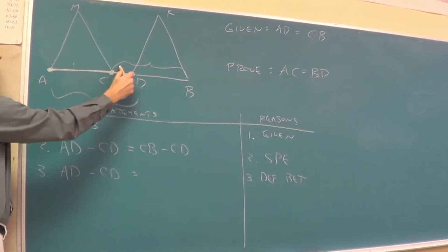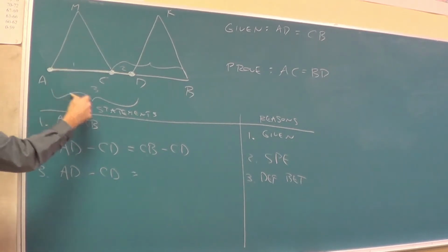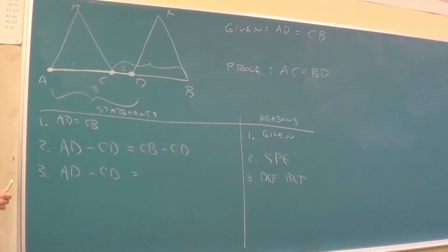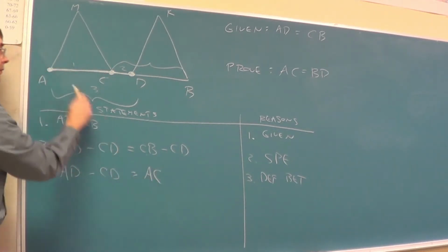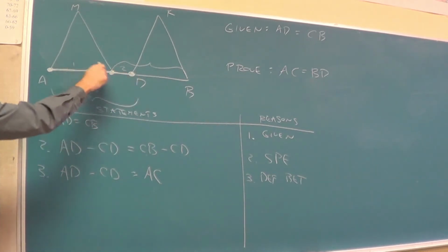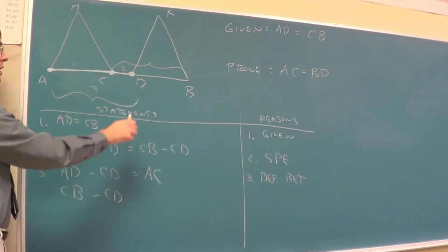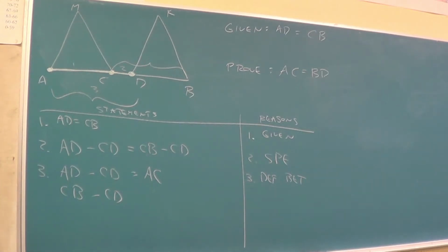If 1 plus 2 makes 3, what does AD minus CD leave us? AC. AC is correct. The big minus the little would make the other little. While we're at that, let's look at CB minus CD. If we look at CB minus CD, BD.